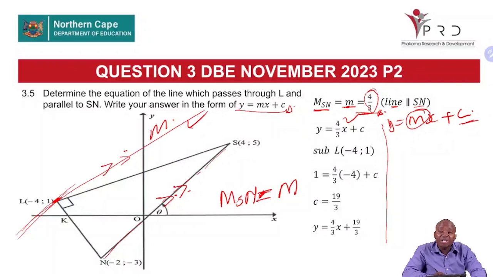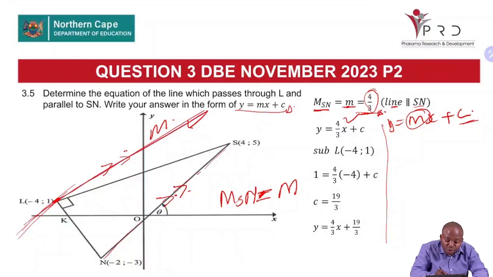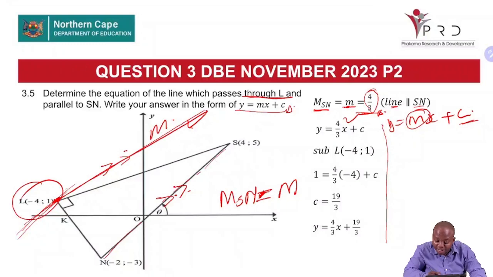So to find the equation, what do we now do? We now have the gradient. We need to substitute any point that exists on this line. So which point is that? We are told that the line passes through L. So we substitute L, because L is the point that is on the line, to find the value of c.